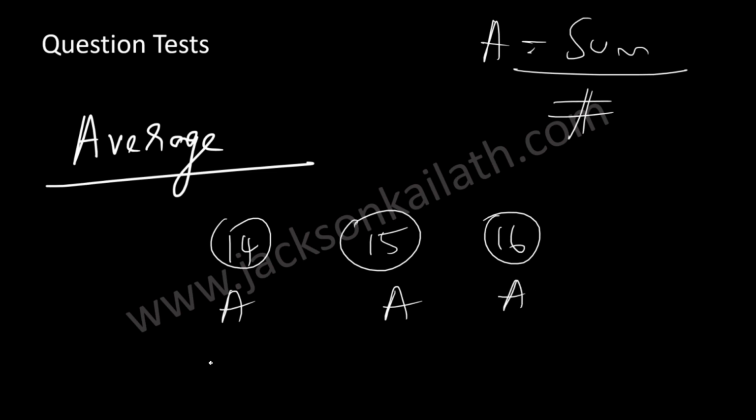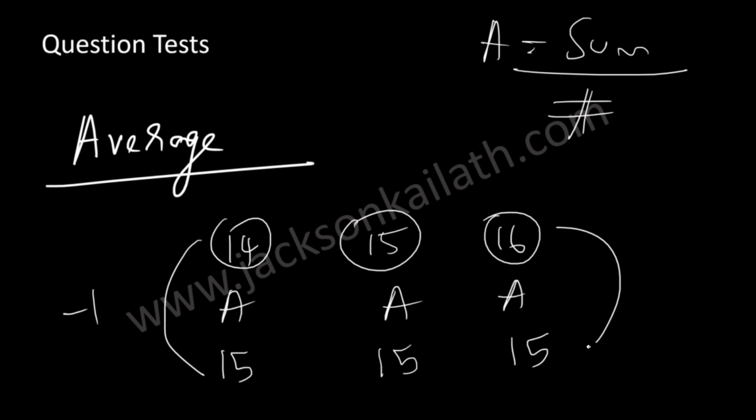So for example, if I replace over here with 15, over here with 15, and over here with 15. What's the difference over here? When I did this change, there is a difference of -1 from the original value. So you have 14 over here, I'm changing it to 15. Now in this case, there is a change of +1. Now you can take it either way.